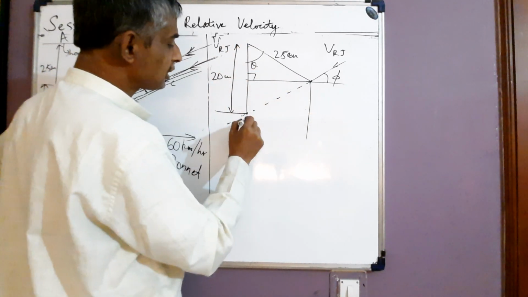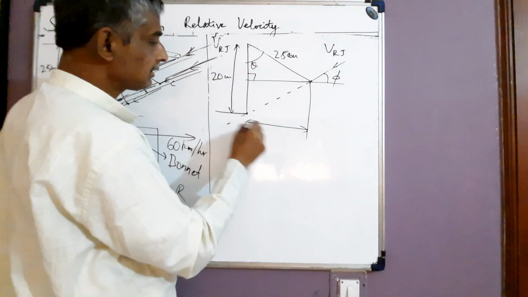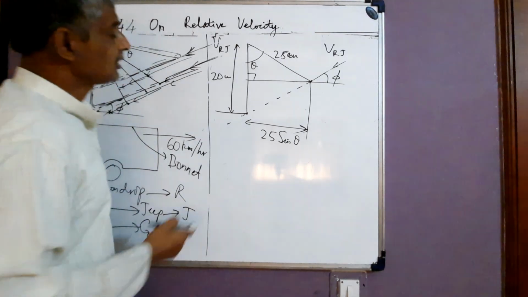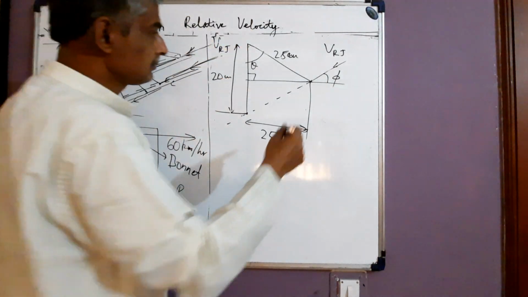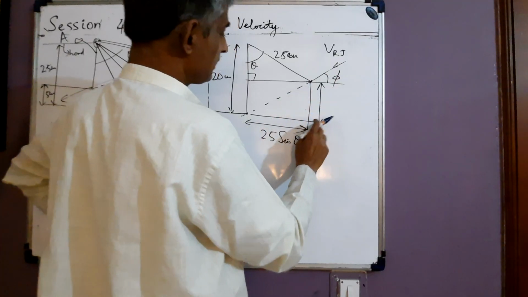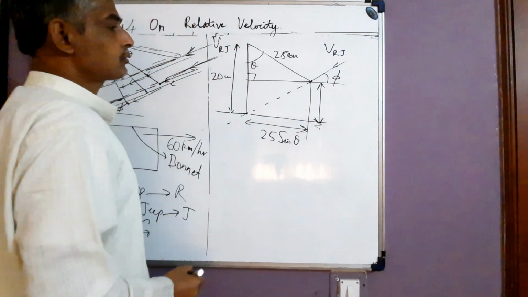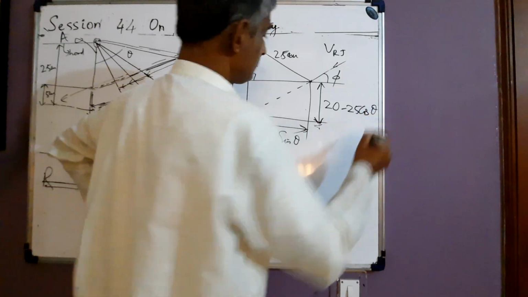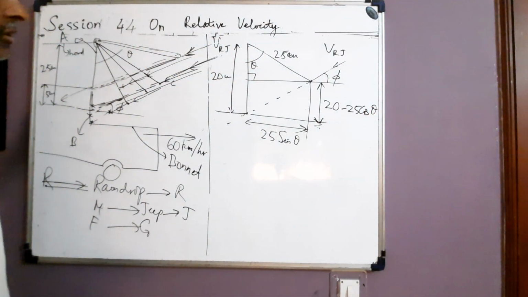So this length becomes how much? 25 sine theta. This length is 20, this is 25 cos theta. So this length becomes how much? 20 minus 25 cos theta.